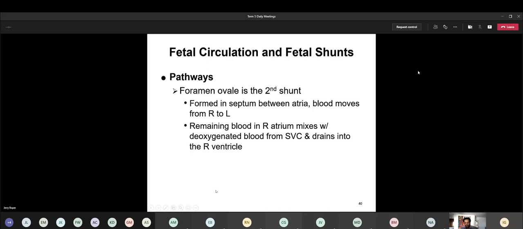I've seen some people argue that there's some other kind of mechanism in place where the SVC is not really mixing that much with the blood in the right atrium, and they got all technical with it in their explanation. And then there were others who said it's still significant. Even if it's just a little bit of mixing, it's still significant because it's taken away from the oxygenated blood.